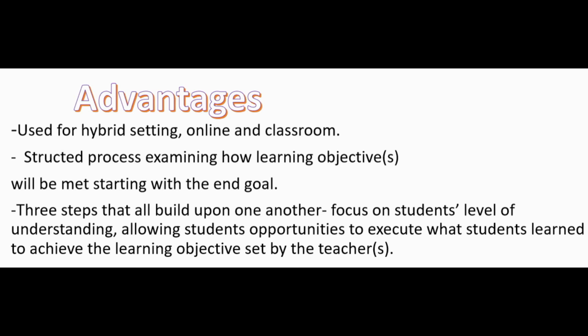It has a structured program of looking at how learning and the objectives chosen will meet students' needs with the end goal in mind first. And the 3 steps all build upon one another, which focuses on the student's level of understanding, allowing teachers to create opportunities for students to achieve the learning goals that the teacher or teachers have set forth.